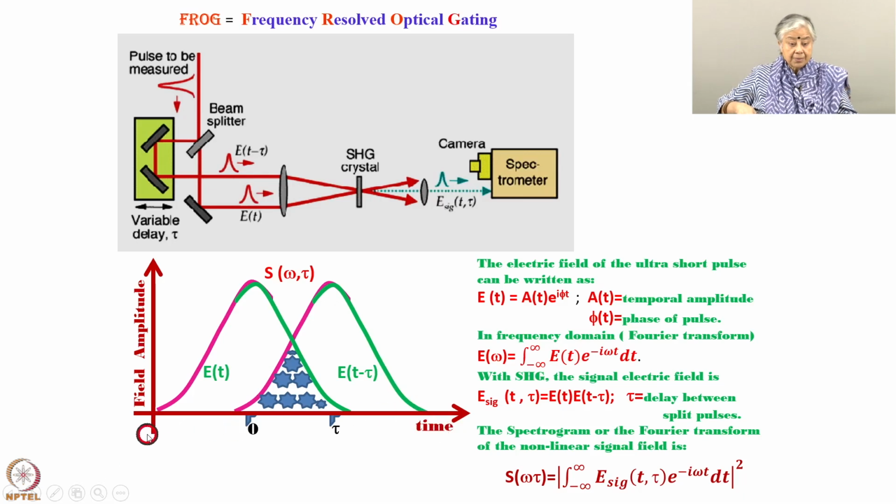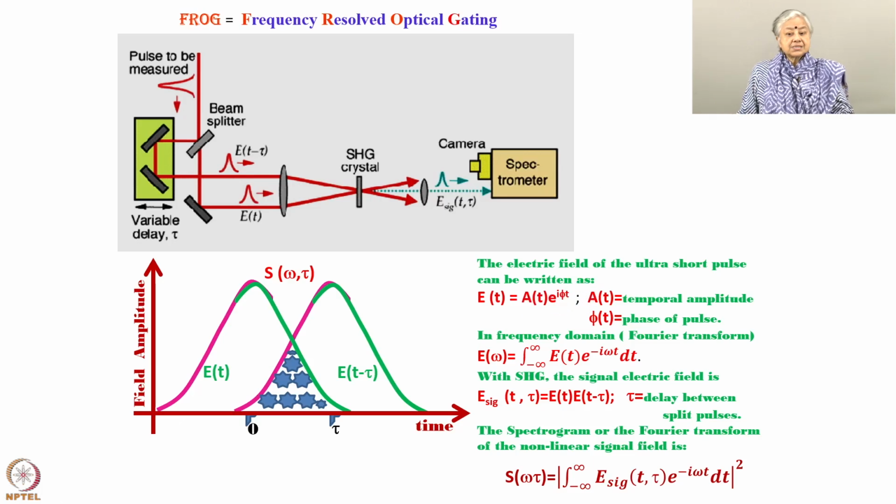So, now what happens, and I have written the field amplitude here like I told you before, it is not the intensity, it is E, the E(t) and E(t minus tau) field. Now, what are we creating? The electric field of the ultrashort pulse can be written as A(t) e to the power i phi(t). If you notice, I have introduced an amplitude part and a phase part.